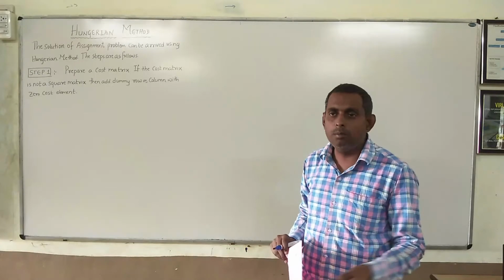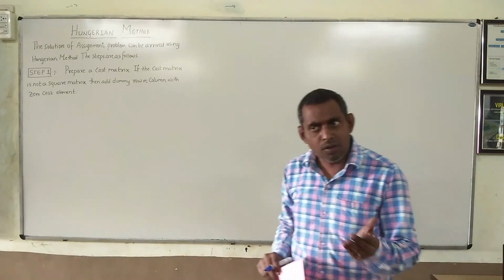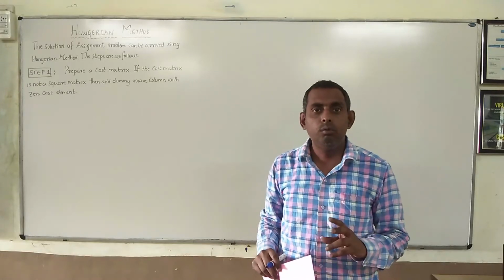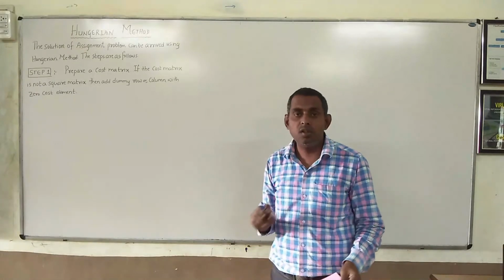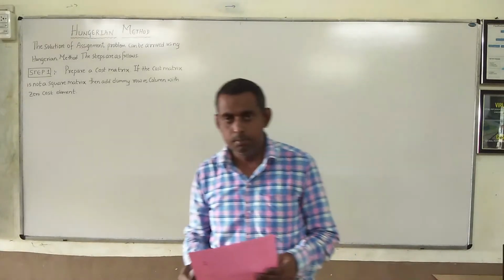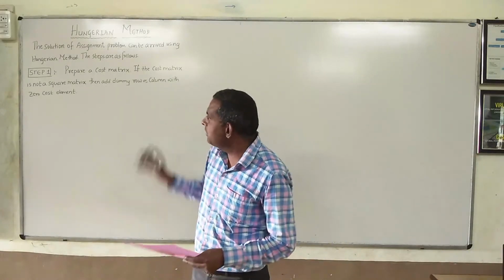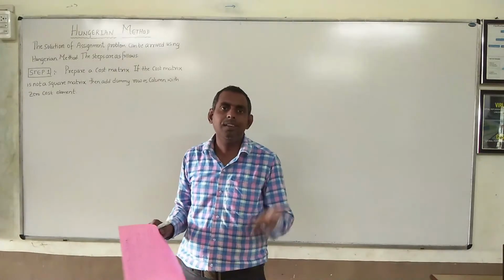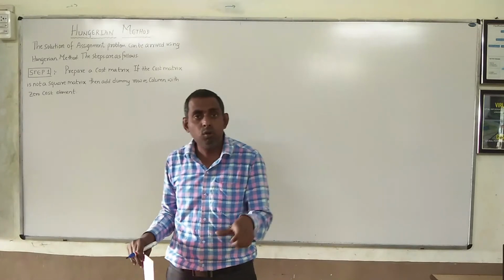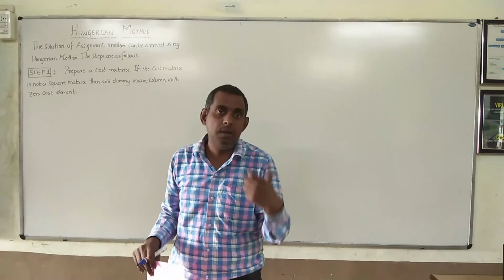So rows or columns can be added. What cost should be added inside that row or column? We have to insert zero cost element inside a dummy row or column. So the first step says that if it is not a square matrix, add a dummy row or column to make it a square matrix, and also add zero cost element.